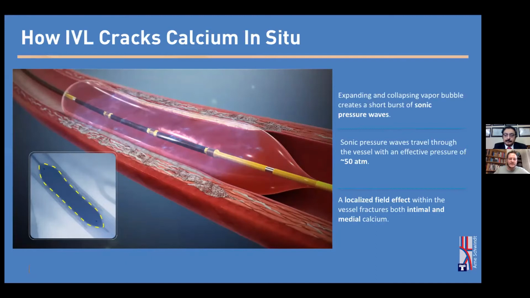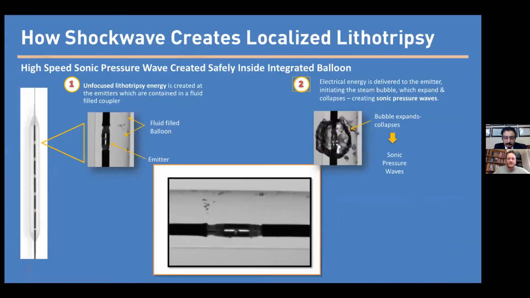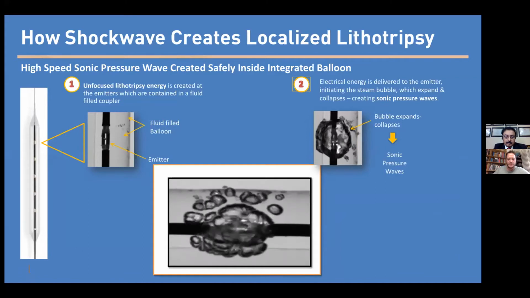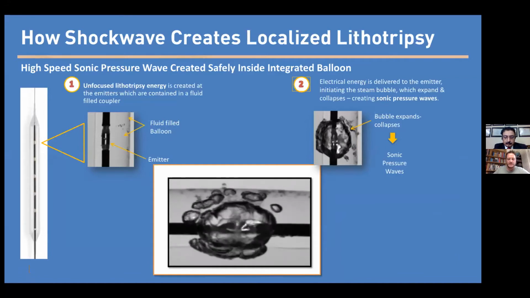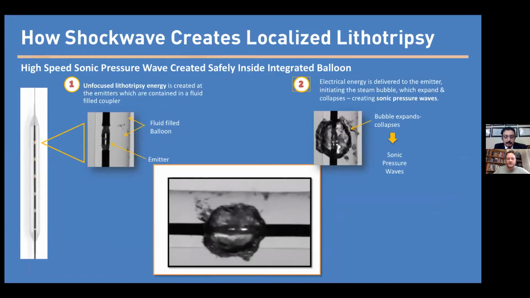The collapse of these gas bubbles sends out shock waves, and these crack the calcium intraluminally and also in the media. Here you see how this looks on magnification, and this is how the energy is emitted. This leads to an equivalent of 50 atmospheres of pressure working at the vessel wall, at the calcium.